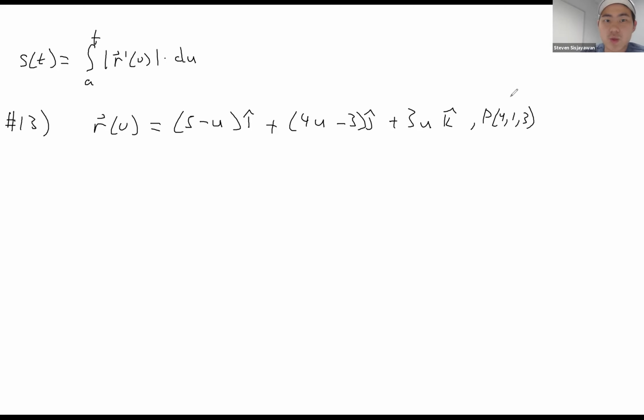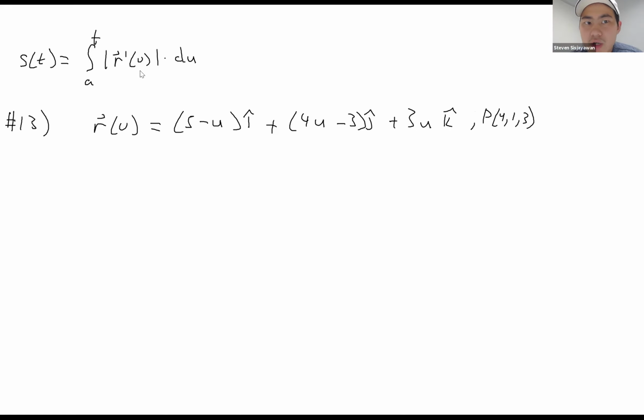Okay, all right, so let's see. Another thing they mention in the question, if I look at the question real quick, is that it tells us to find the arc length function for the curve from the point P in the direction of increasing t.